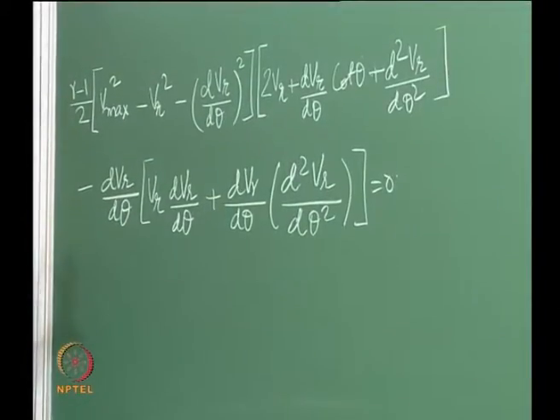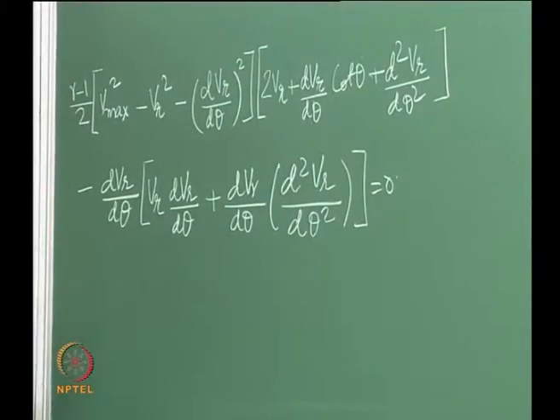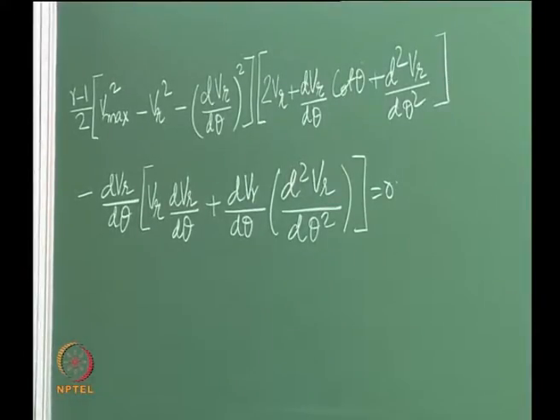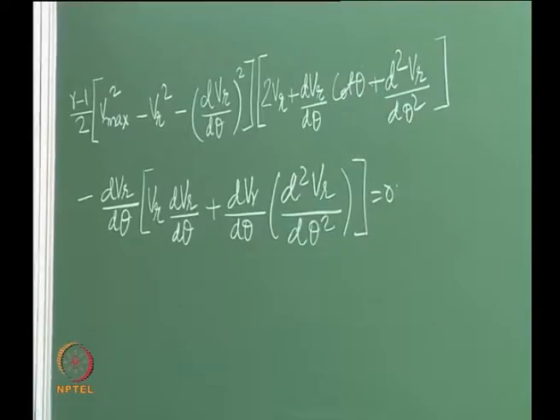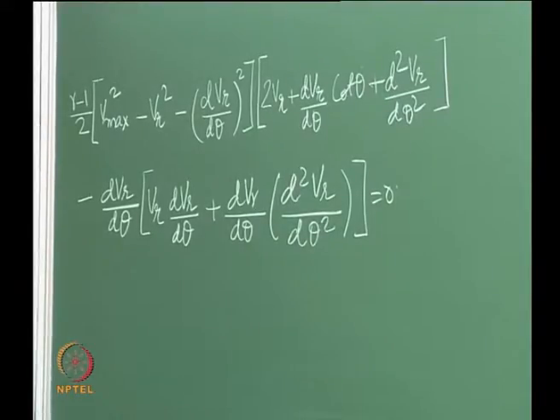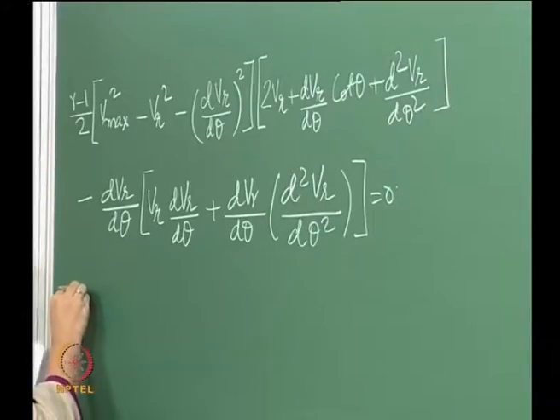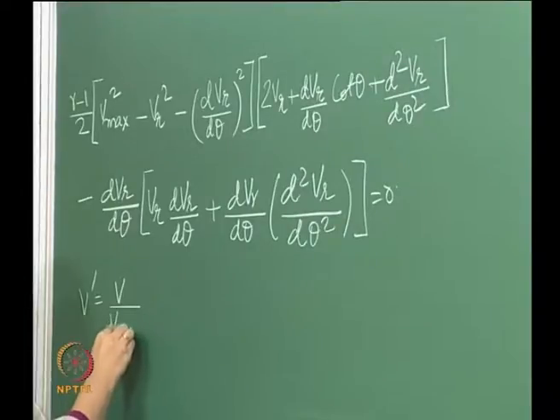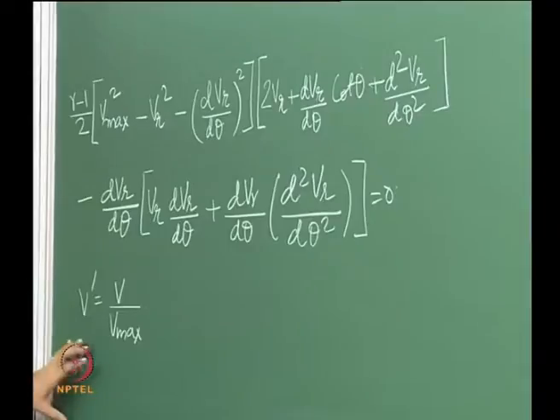Now, when we start to try and solve this, let us define this non-dimensional parameter here. This is just a non-dimensional parameter. So, let us define it here, and when we do that, let us see what we get.